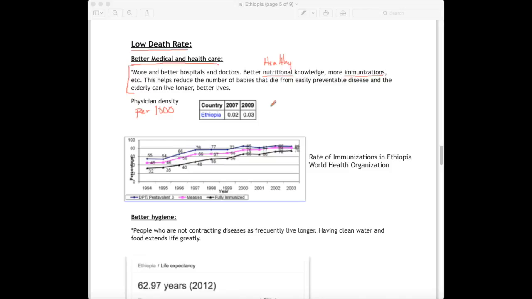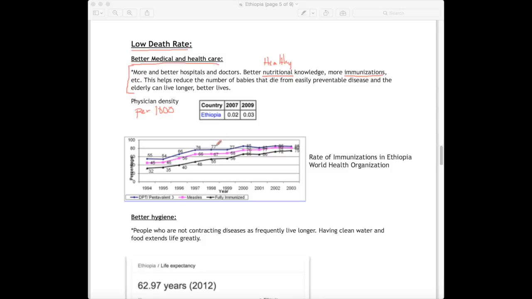Or if you do have an illness, you might choose, well, I choose not to travel that great distance because I know I'm going to die. And so diseases or illnesses that could be prevented might kill more people because of a lack of doctors, a lack of hospitals possibly in Ethiopia.